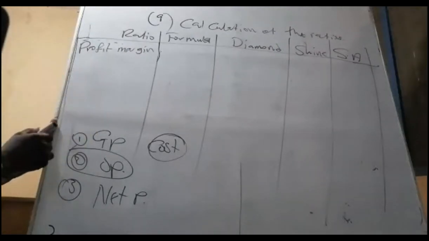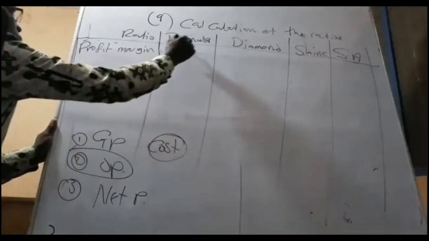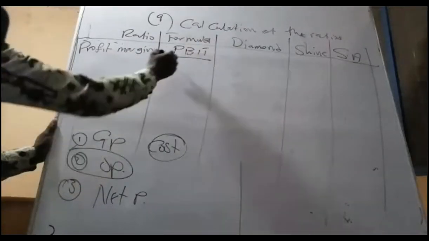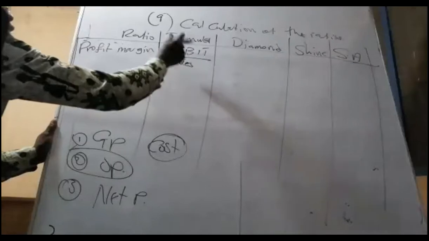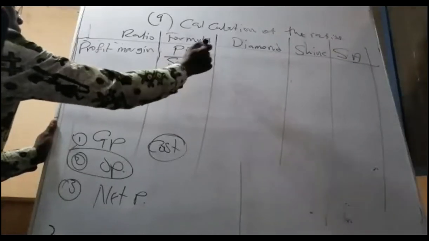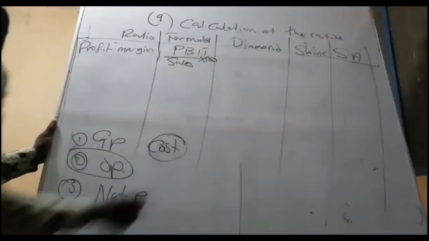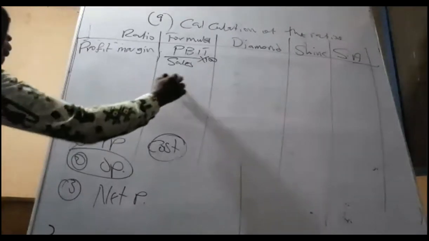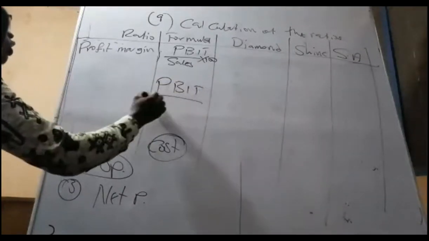So profit margin will be profit before interest and tax, all divided by the sales. This shortcut can do that: profit before interest and tax over sales times 100. That is it. What did they say? Profit markup is profit before interest and tax over cost of sales.